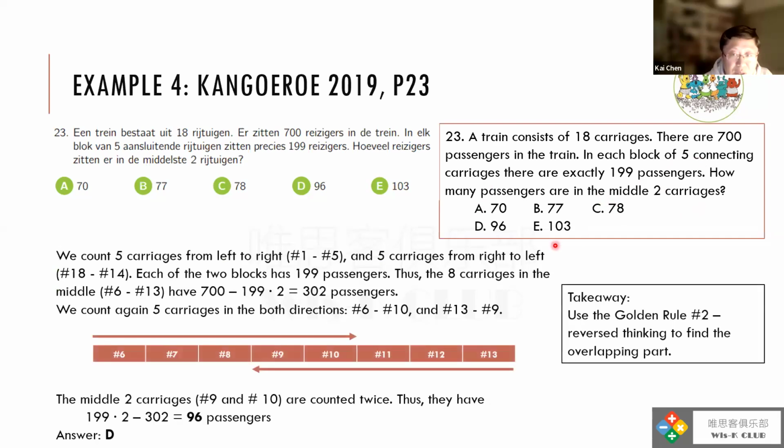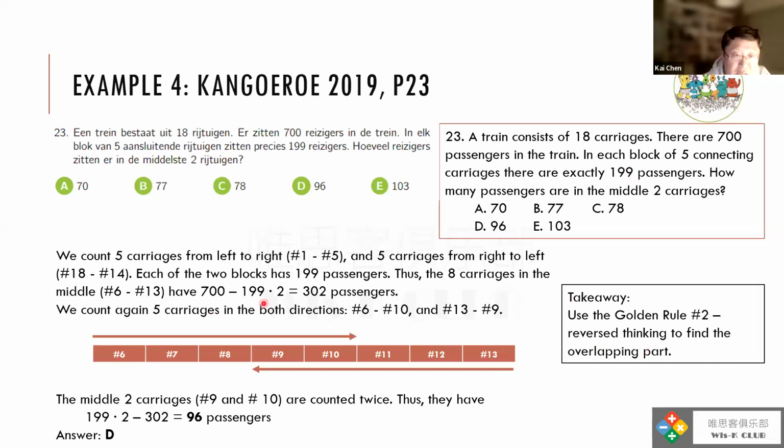Okay, so we do the same here. Because there are 18 carriages, it's not a multiple of 5, right? Because it's talking about a block of 5 connecting. But we can already cut the first 5 and the last 5 out. The first 5 will give you 199 passengers, and the last 5 as well.